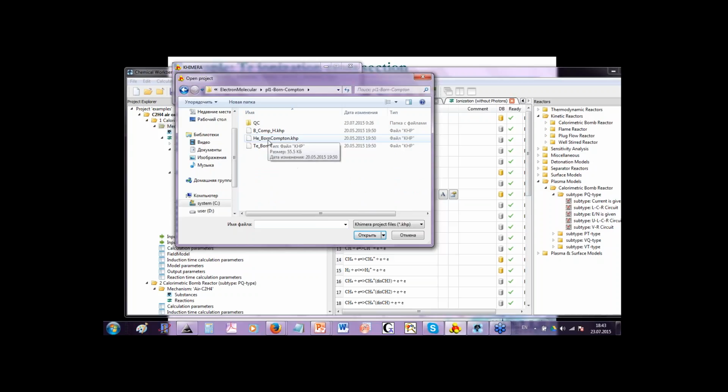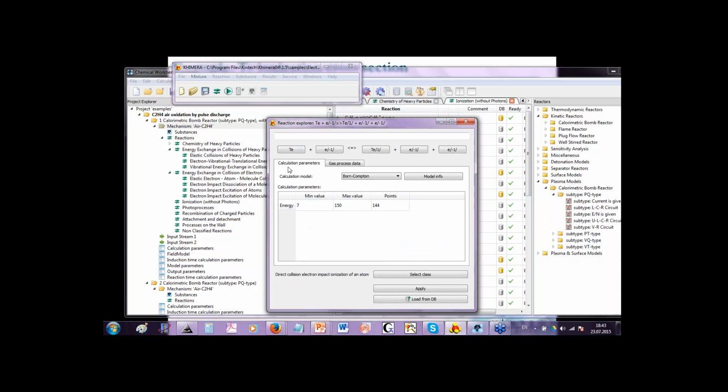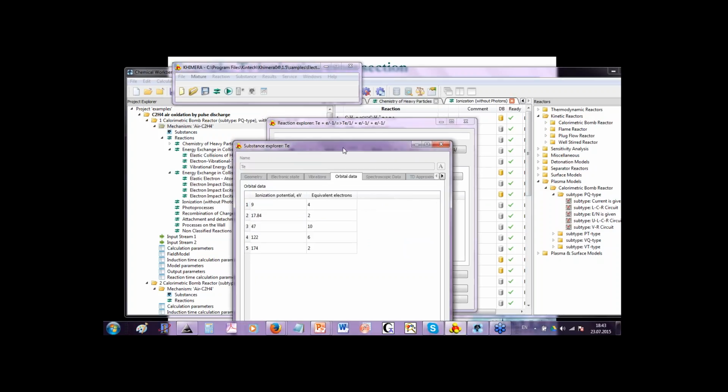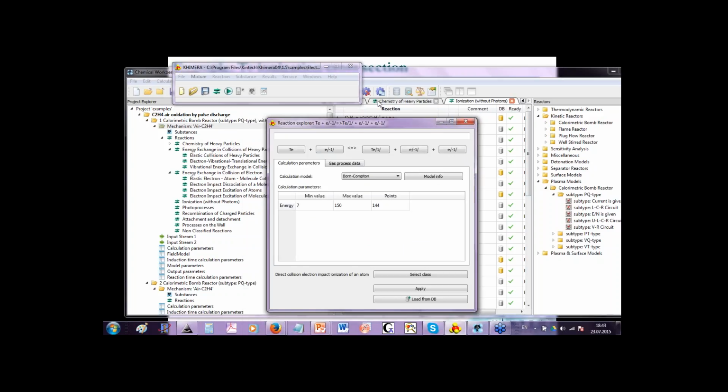There are several examples. The simplest one is, for example, ionization. The user is just putting the reaction or process here, choosing the appropriate model and putting all necessary parameters of the model. In the case of ionization, it's necessary to put the ionization potentials of different shells of this particular tellurium atom and the number of equivalent electrons.